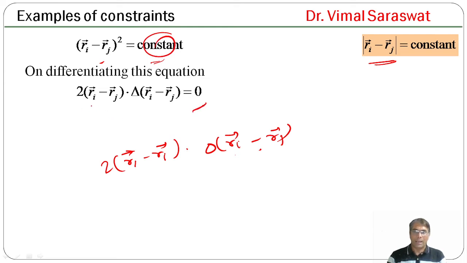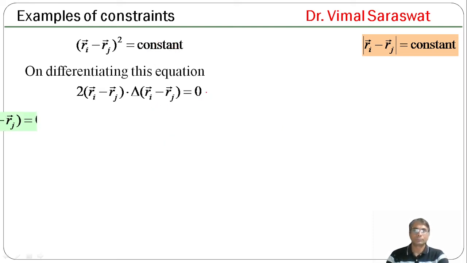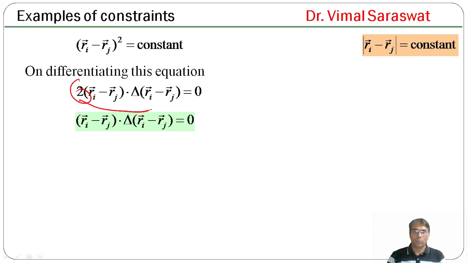So this is twice (Ri minus Rj) dot del (Ri minus Rj) equal to 0. Or if we transfer 2 to the other side, then (Ri minus Rj) dot del (Ri minus Rj) equal to 0.